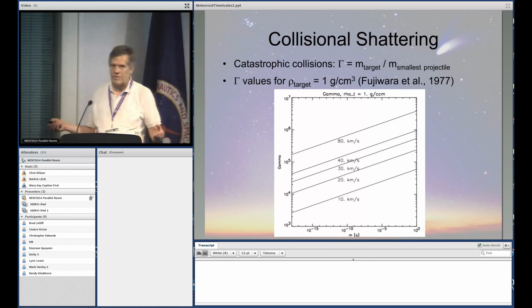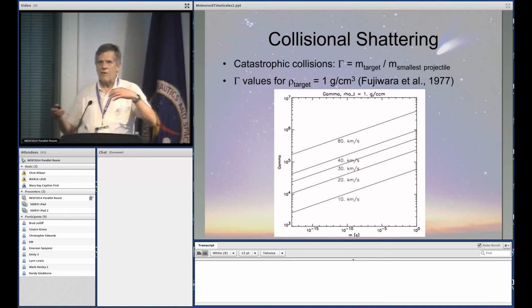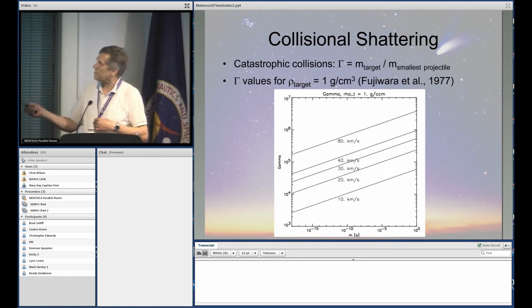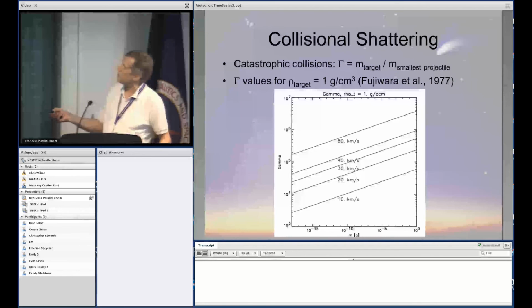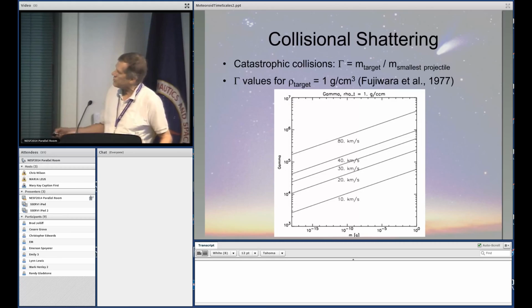Catastrophic disruption means that all the fragments from both target and particle are smaller than, let's say, half of the original target mass. And from lab experiments you get a function for these gamma values, which is shown here, which has a strong speed dependence and a mass dependence.